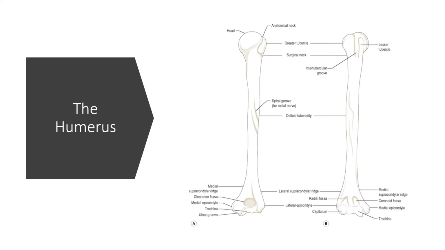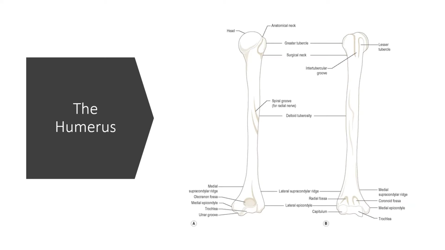Almost all ball and socket joints have an anatomical head, then an anatomical neck, and then a surgical neck. The reason we differentiate between an anatomical neck and the surgical neck is so we can identify the portion of the humerus, or the femur when we get to the femur, that we use to do joint replacements.